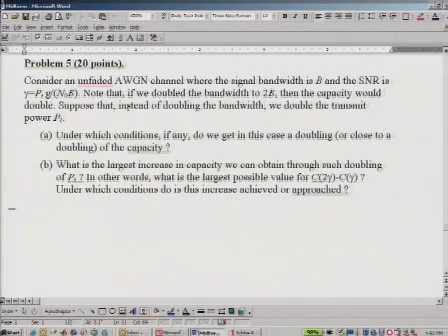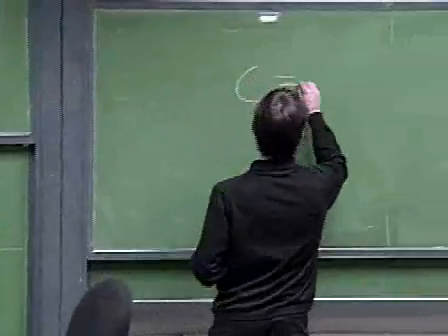Now, is there ever a condition under which we do get doubling? And so essentially, we have this, right?